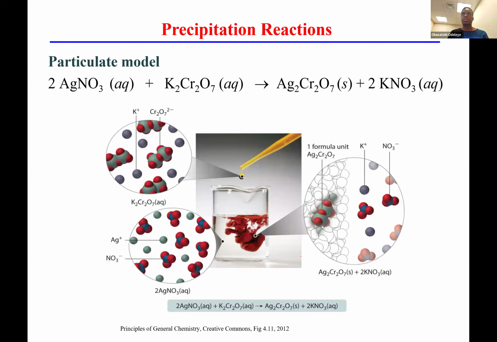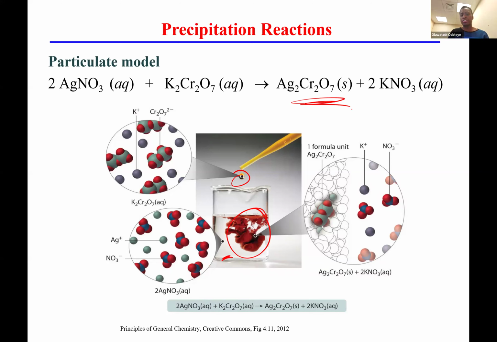So on the particulate level, looking at it in terms of what's going on with the particles, here's what's happening. I have 2 clear liquids, so this liquid here and this liquid here, and when they combine, they form this solid, and that's what this chemical reaction is showing.